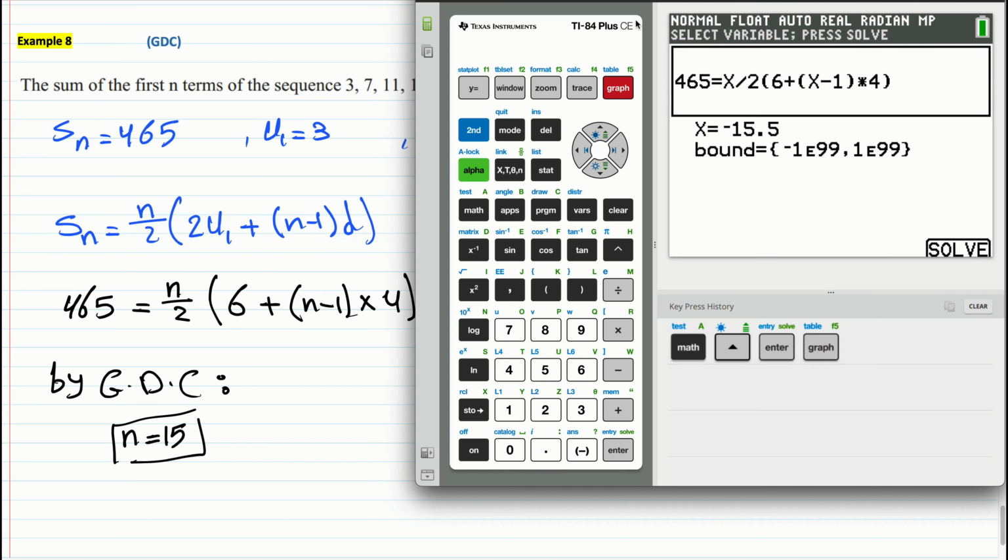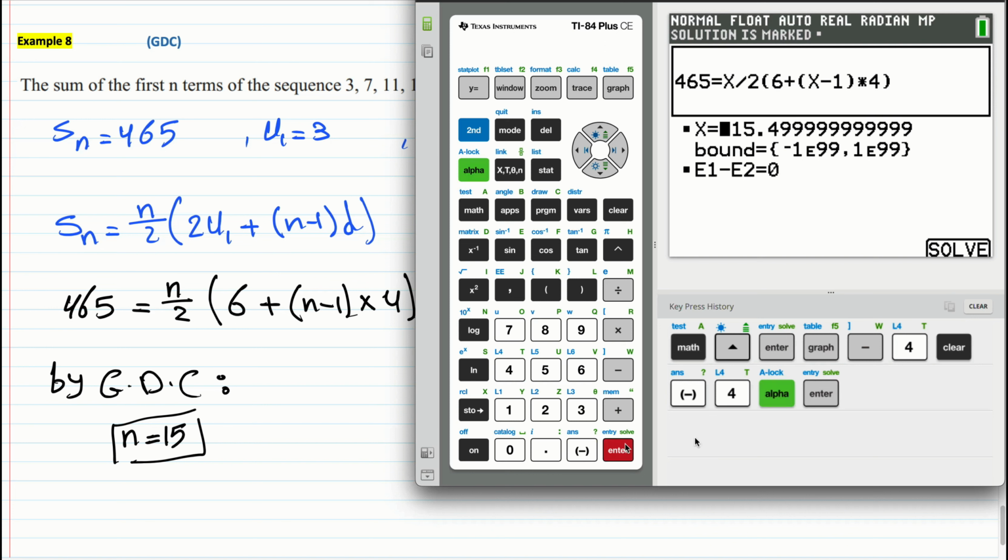Now, as you can see, it says select variable plus solve. So x equals, if I write any number, for example, -4, it's gonna give me the closest answer to -4. Okay, this is -4, and alpha, enter for solve.